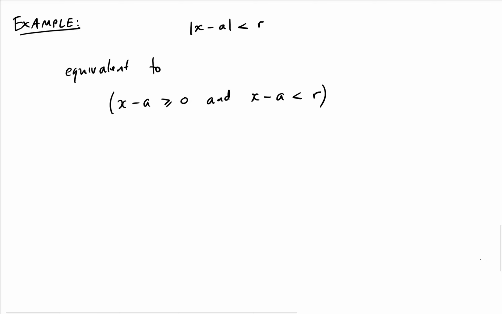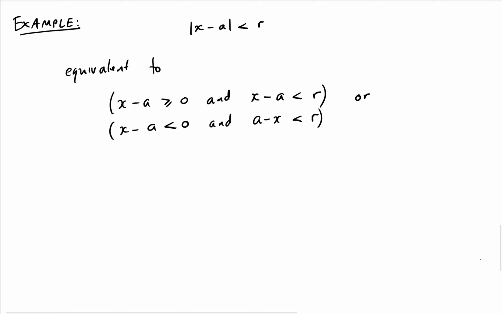So that's one case. Or, second case, x minus a is actually negative, the inside of the bracket, in which case the absolute value becomes a minus x, is less than r.